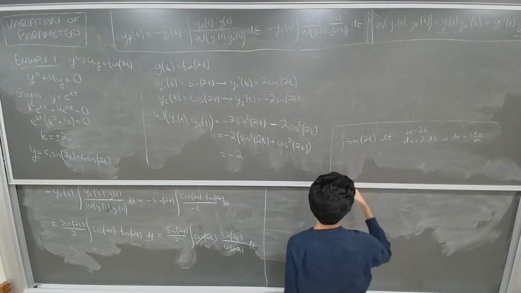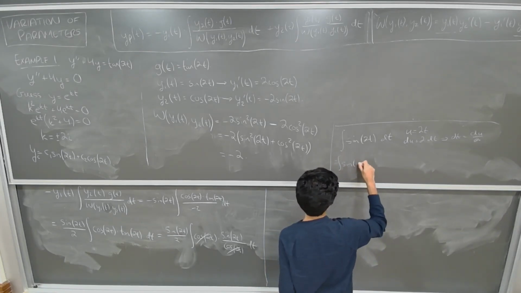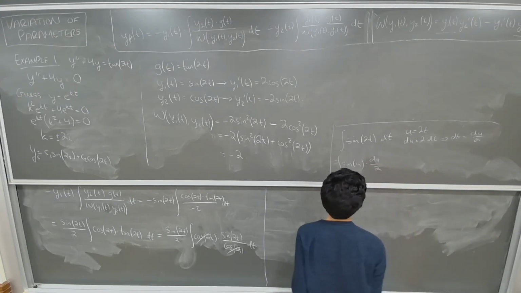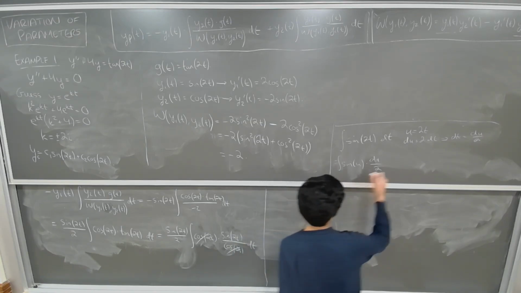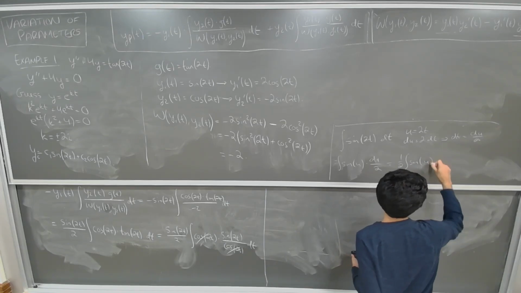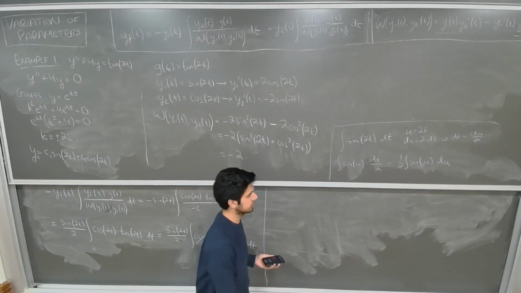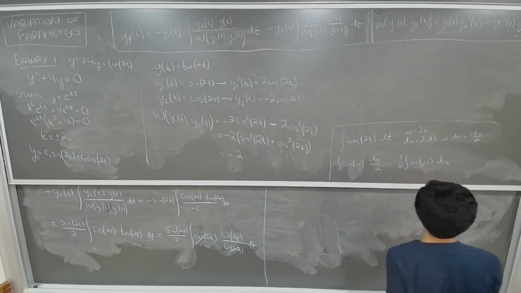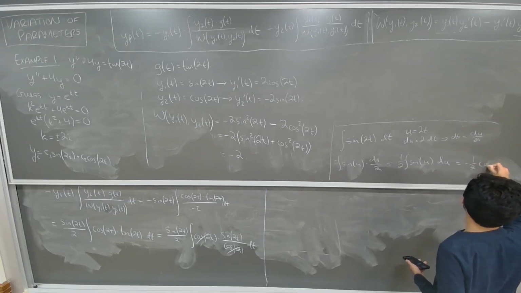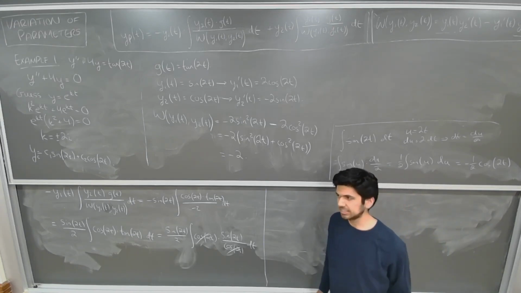So now when we change these variables to u, we get the integral of sine of u. dt is now du over 2. So this is the 1/2 integral of sine of u du. The integral of sine is negative cosine. And then we can substitute the u back in. So this is negative 1/2 cosine of 2t. And we'll leave off the plus c term for now.